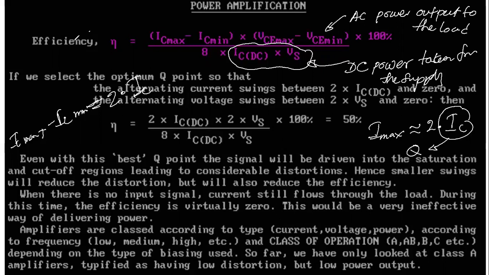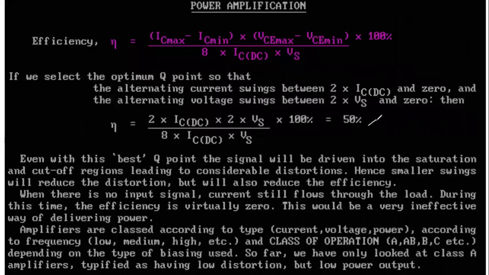So if you set your transistor at the middle of the load line, then you can substitute 2 times Vs equal to VCC or Vs. The reason is the maximum VCE you can go to is the supply voltage Vs. Therefore, you can solve this equation and finally conclude that this efficiency is around 50%.